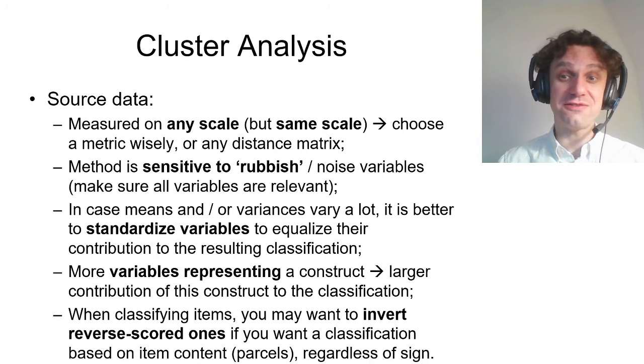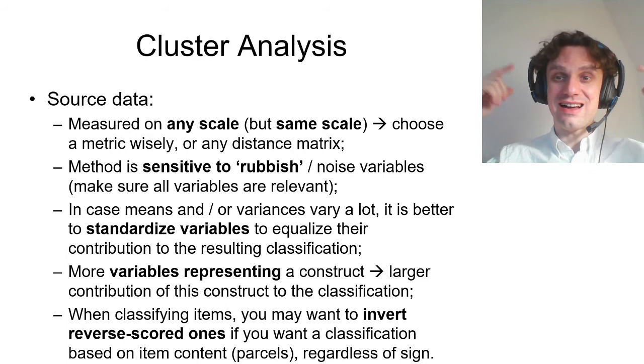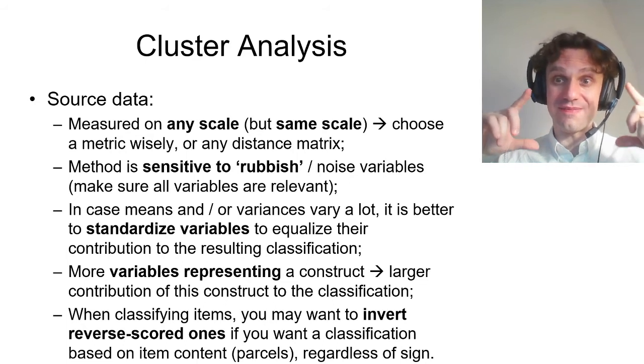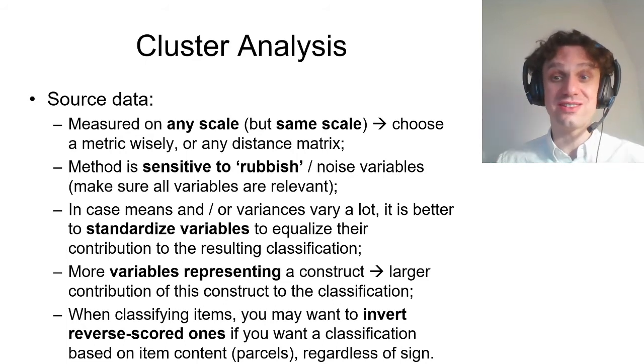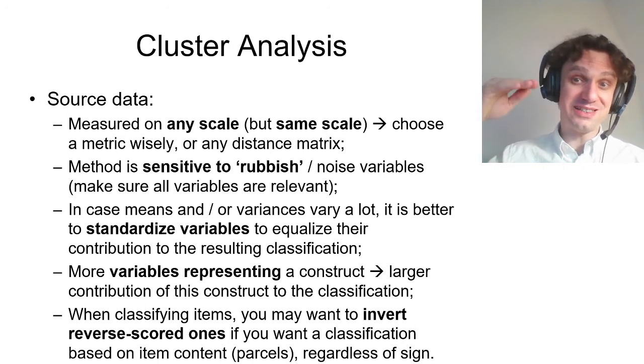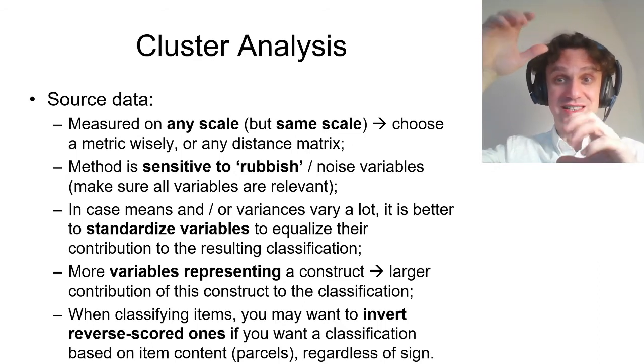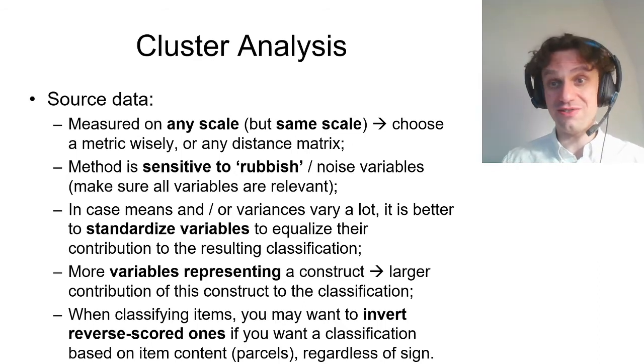And in case if for different variables your means and variances are very different, it often makes sense to standardize these variables to make sure that they have the same mean and the same variance, and then only their associations will contribute to this classification. If you don't standardize them, variables that have similar means, for example, high scores and low scores, can be grouped together, which is often not what we want.